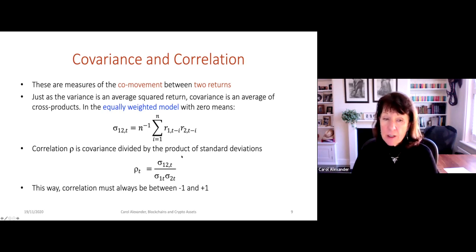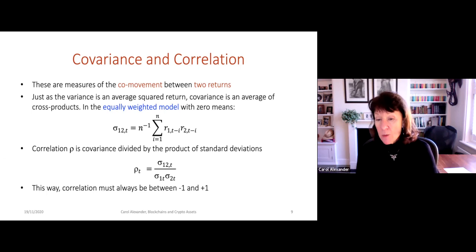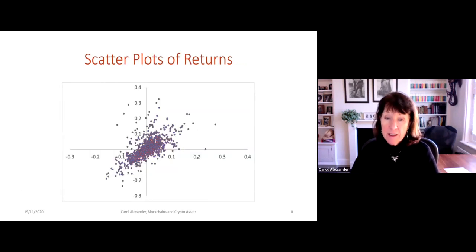And this produces something called a correlation, which basically measures the same thing as covariance, the degree of association between the two variables. But it doesn't have any units of measurement, and it always lies between -1 and +1. If you get a result that doesn't lie between -1 and +1, then you've made a mistake. It can be +1, but only if they're what we call perfectly correlated, which means that these scatter plots would lie exactly on a line.